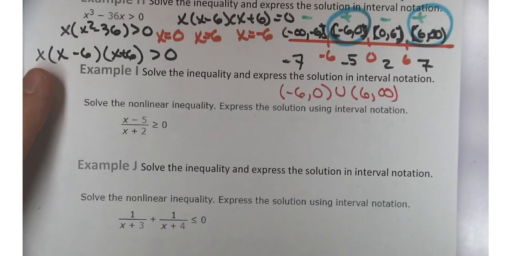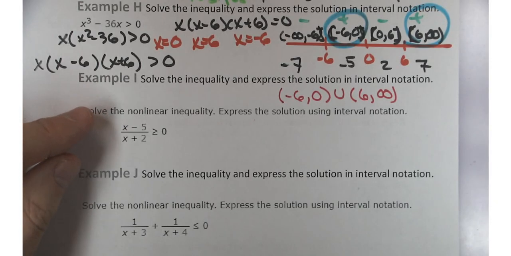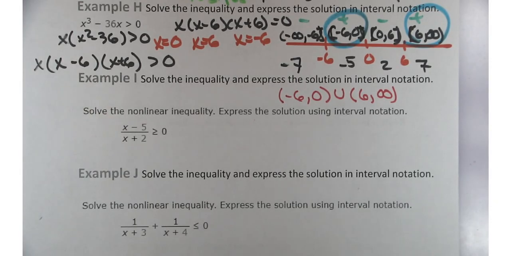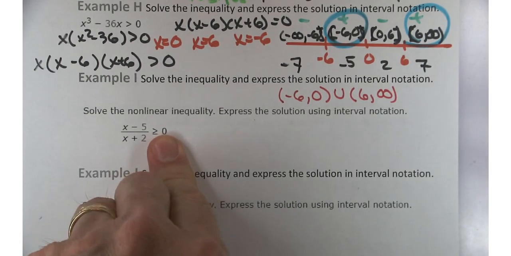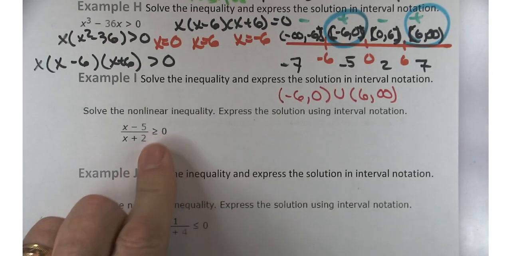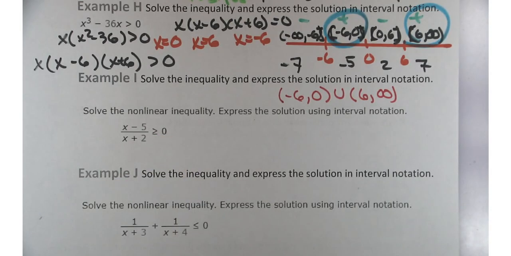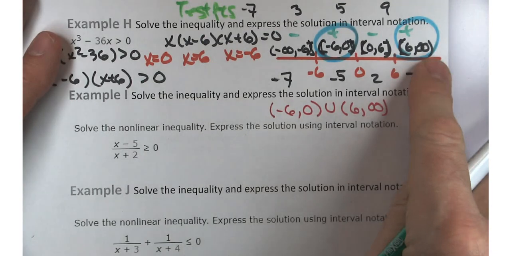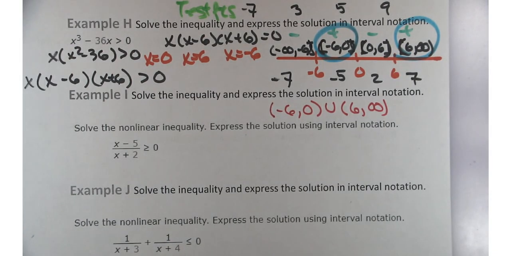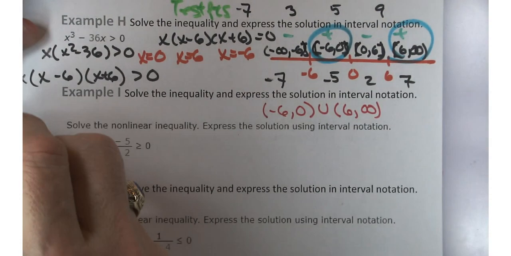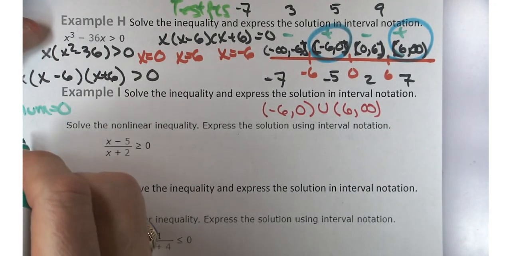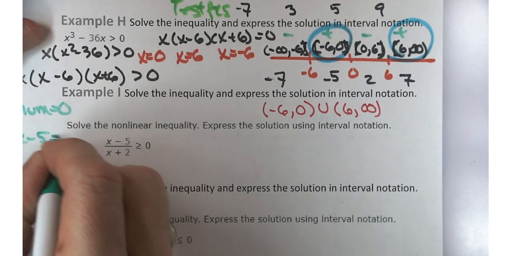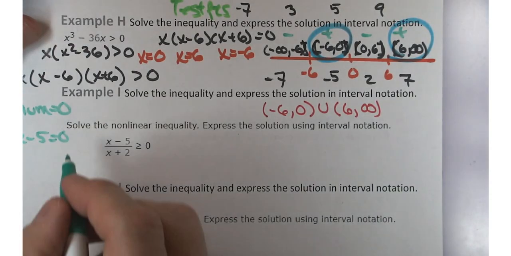Let's move on down to example I. The good news of example I is that we've already got 0 on one side. So, yay. Looking good there. But then what? How do we get these points? Well, we're going to have to do two things. We're going to have to set the numerator equal 0. That's going to be x minus 5 equals 0. So where's that true?